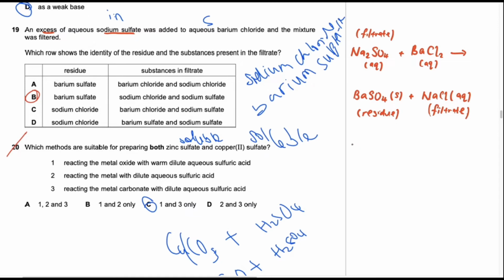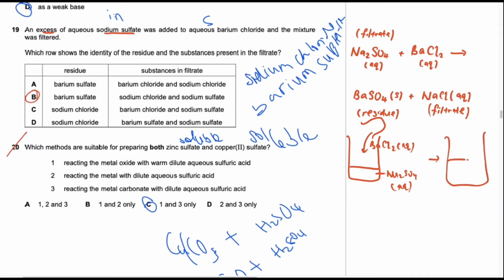And after doing the reaction, imagine you have a beaker. So initially you have Na2SO4 aqueous, and then you pour in the barium chloride, also aqueous. That means two liquids mixed together, then you stir or you shake, and then what happens is you get some precipitate at the bottom.